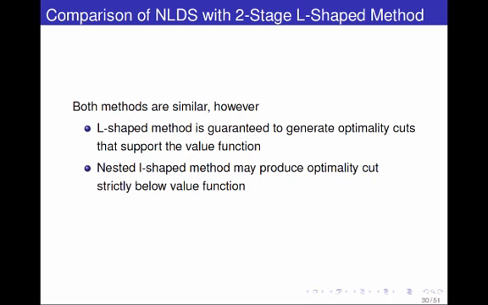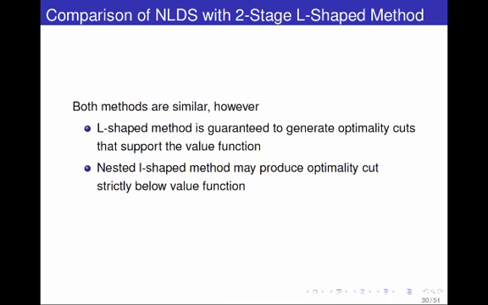So we showed when we were going through the convergence proof of the L-shaped method that the optimality cuts we generate have to be supports of the value function at the specific trial x. Support means an affine function of x that is exactly equal to v of x, to the value function, at the current trial point, and is a global underestimator of v of x.